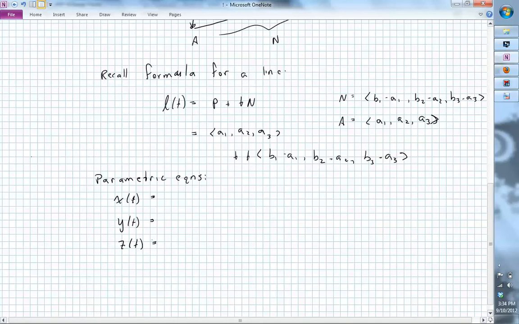All right. What is x of t for this line? Right. And repeat that down the list, and you've got the parametric equations for this line segment.